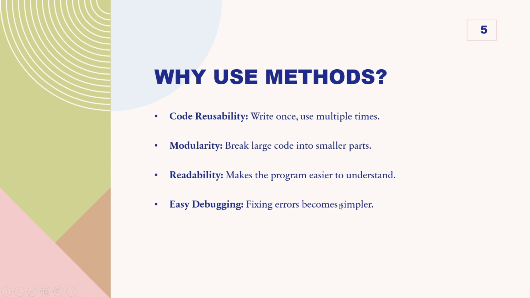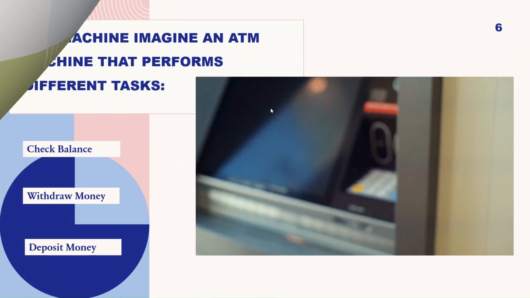Fixing errors becomes simpler, meaning you can fix errors easily if your method is small and well maintained. Let's go to the next part.